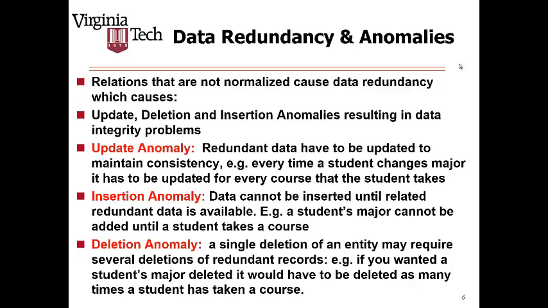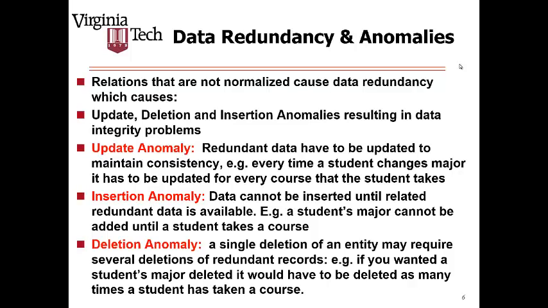That would be incorrect. It would be incorrect to say this student cannot take a class because they don't have a major. Now, we could make up a fake major like missing, or put a none or some value in there that we could then put in the major table. But you see, that is just causing data integrity problems in your system just to work around an insertion anomaly that was put in there by a bad design.